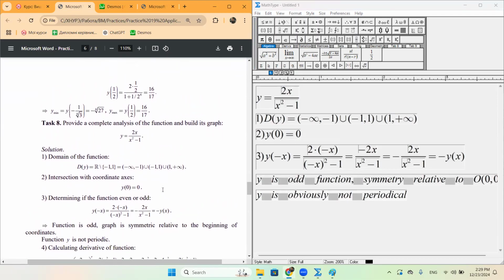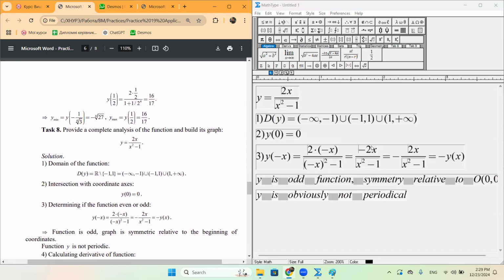And now we need to examine monotonicity intervals. For this, we calculate the first derivative.